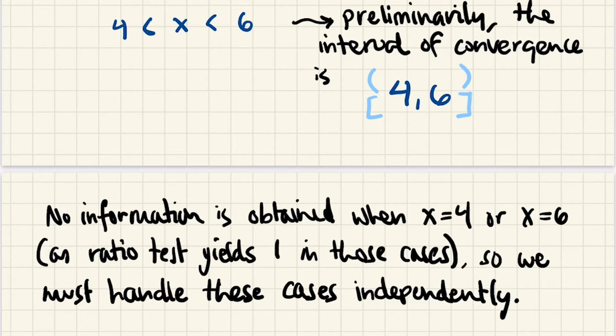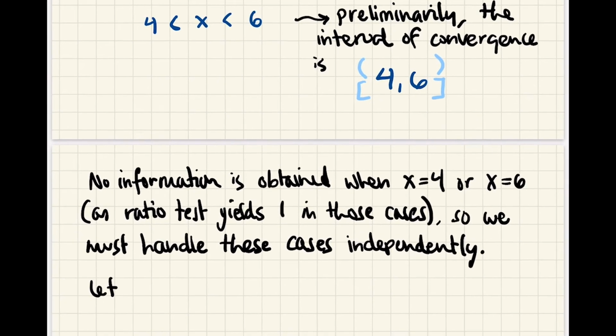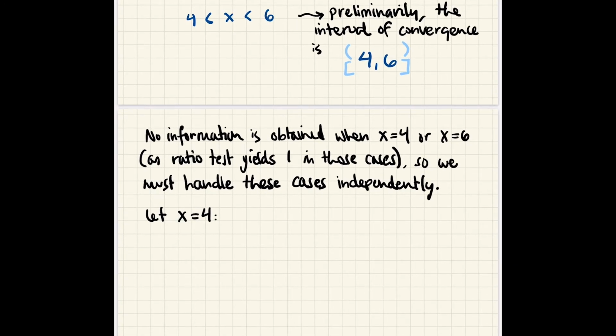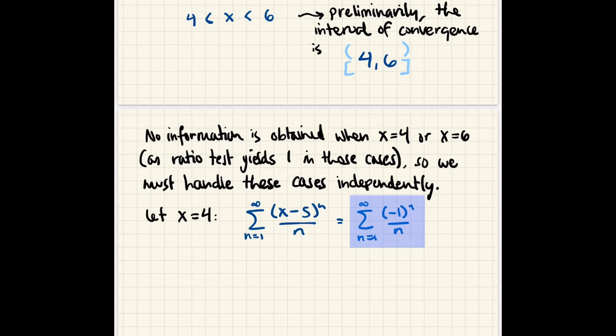Okay, so what does that mean? Well, it means we're going to let x equal 4 and see what our series looks like. So when x is equal to 4, we get 4 minus 5, which is negative 1. So this is (-1)^n over n. Now, what is the behavior of that series?